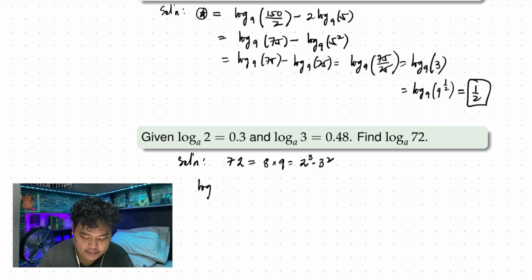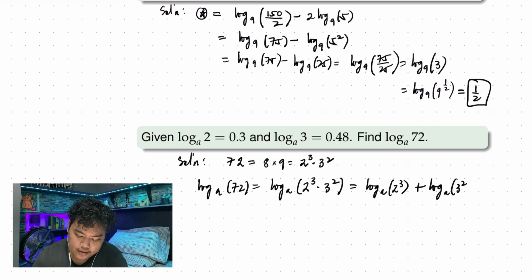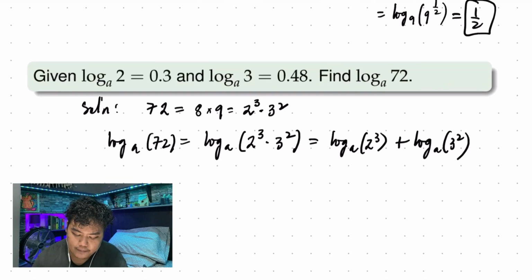So, yung pinapahanap sa log base a ng 72 is log base a ng 2 cube times 3 square. By the product rule, pwede mong distribute yun, tapos magiging plus ito. Although hindi distribute talaga yung tawag, ha. Sinasabi ko lang na parang distribute. Intuition lang yun, para maalala ninyo yung formula.